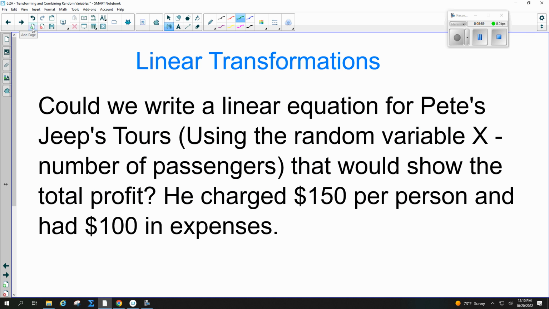Linear transformations. So now, guys, what a linear transformation is, it's just doing both in one step, multiplying and adding or subtracting. So could we write a linear equation for Pete's Jeep tours using the random variable X, number of passengers, that would show the total profit? He charged $150 per person and had $100 in expenses.